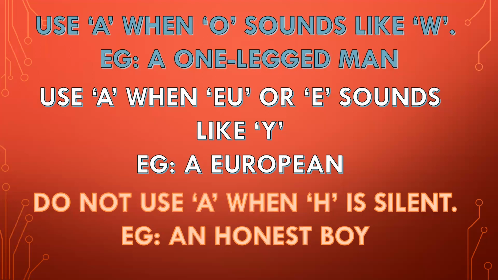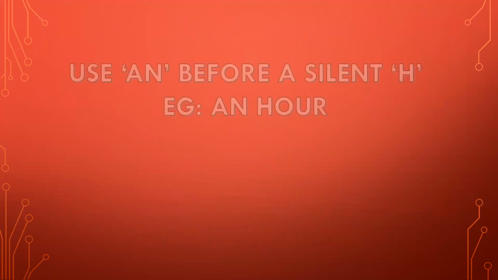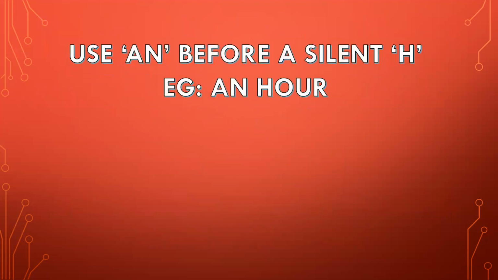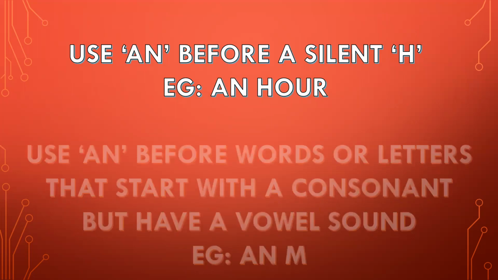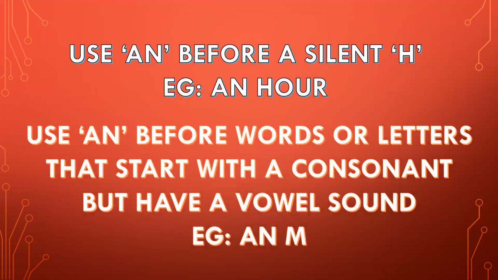I hope things have been clear so far. Let's move on. Use an before a silent H, like an hour. Use an before words or letters that start with a consonant but have a vowel sound. Look at this one.